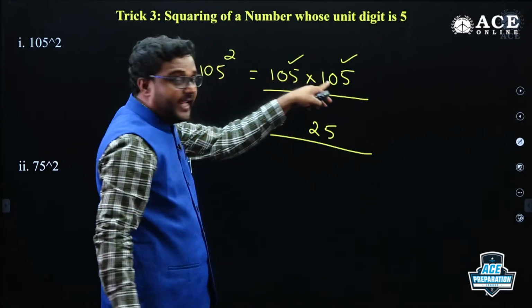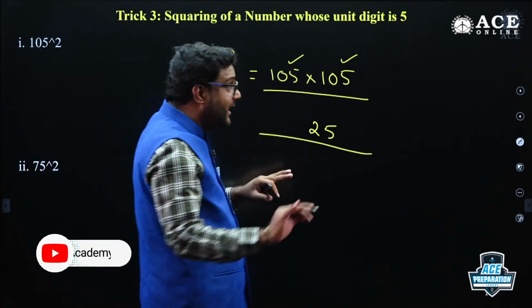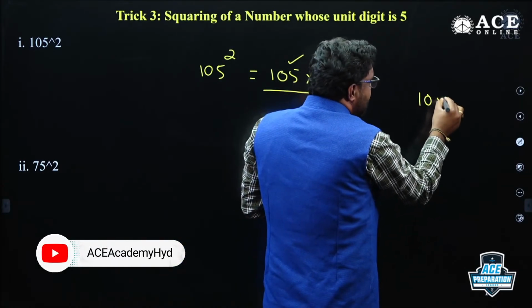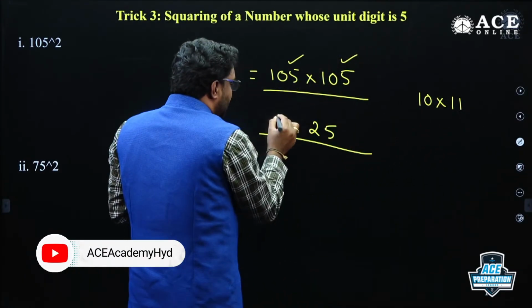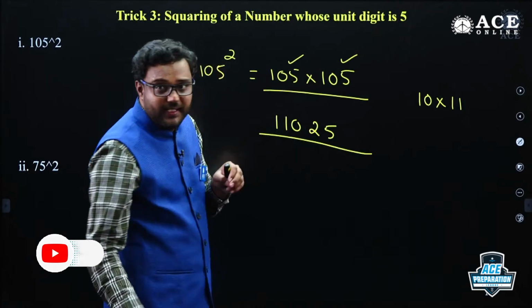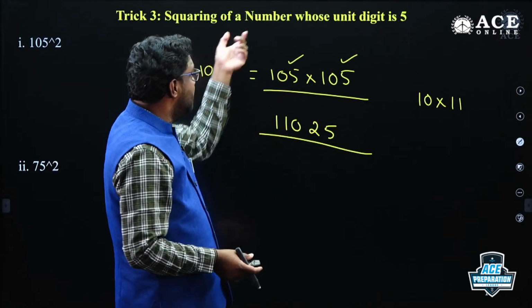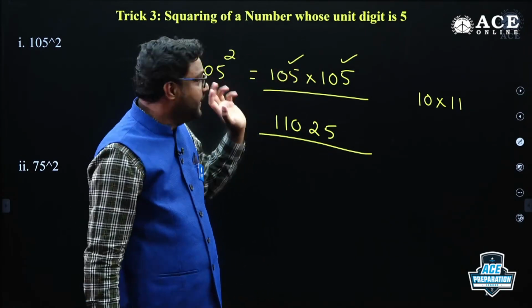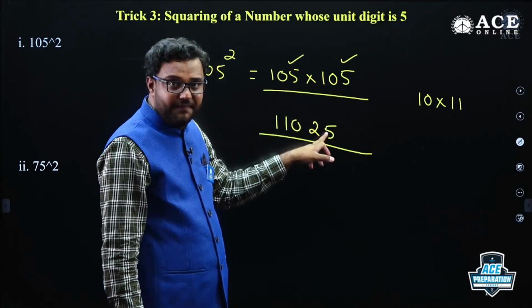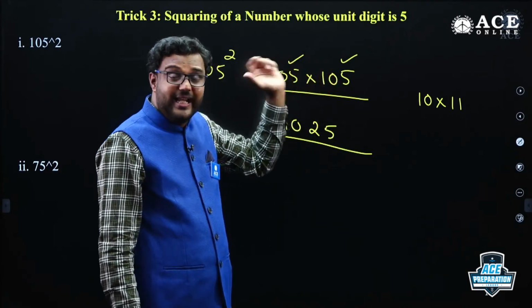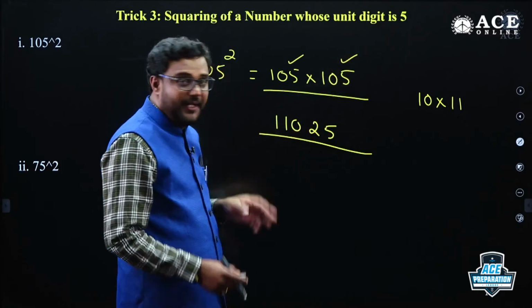The number left is 10. 10's next number is 11. 10 into 11, 110. So we get 11025. Squaring of a number ending with 5: 5 into 5, 25, here we have 10, 10's next number is 11, 10 into 11 is 110.